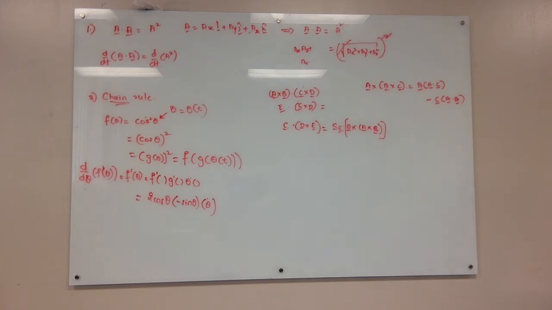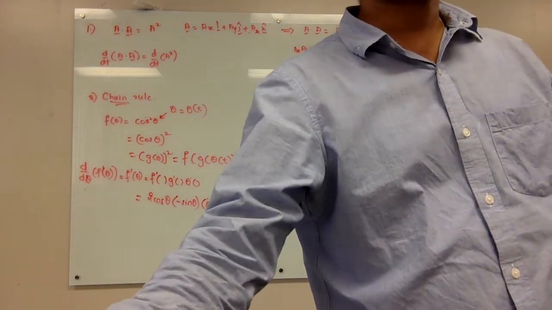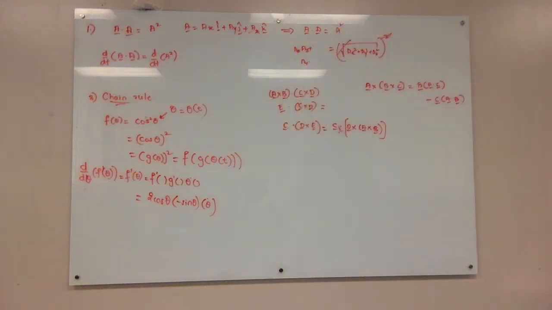Now, the projection is always a scalar. Keep in mind, the bold letters are vectors and the non-bold letters are scalars. So the scalar projection is always a scalar.